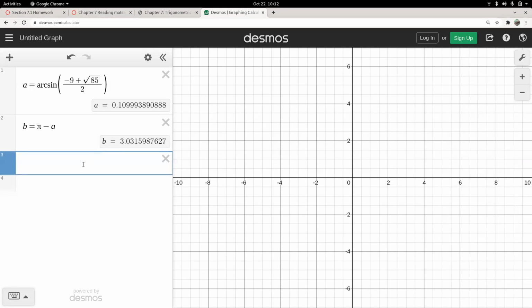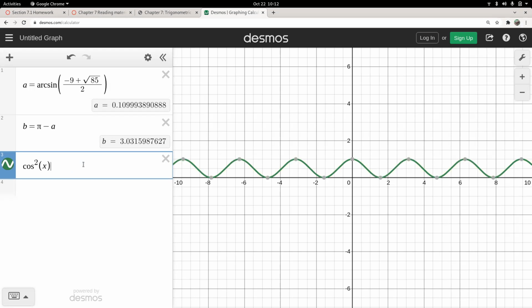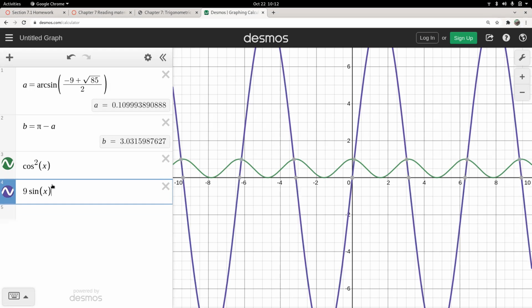And the original problem said, when does the cosine squared equal 9 sine of x? So we'll graph those as 2 separate functions. Cosine squared of x. When does that equal 9 sine of x? And 2 pi is out here. So this point up here is just beyond the range I was asked about.